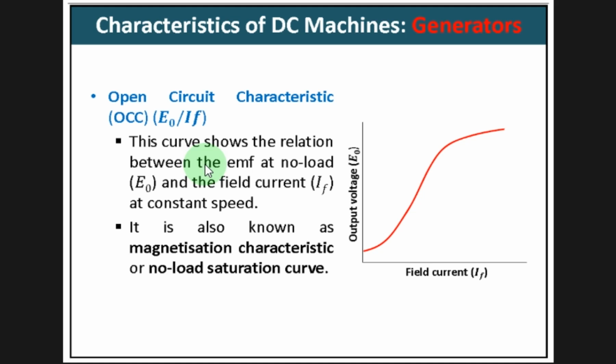Remember, this is the open circuit characteristic, which means no load is connected between the terminals of the generator. IF is increased while keeping the rotating speed constant. This curve is sometimes called the magnetization characteristic, or no load saturation curve.